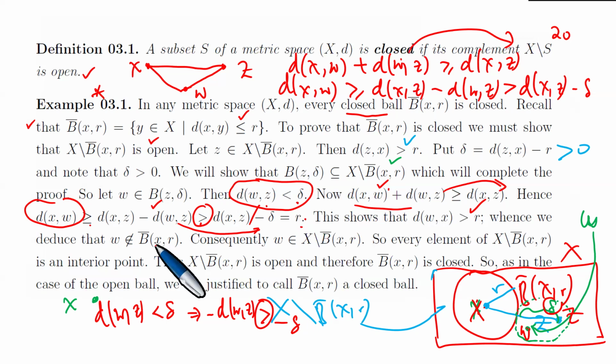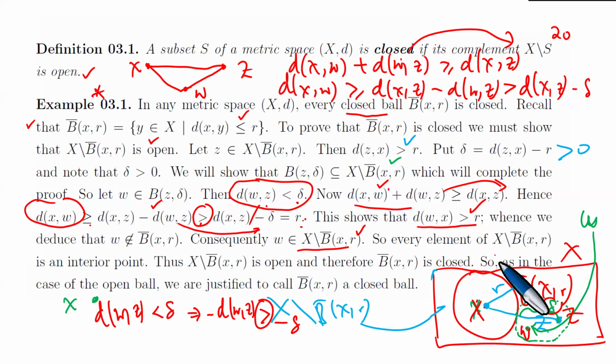It contains all points X with center X and radius R. So if the radius is R, then everything inside is going to be smaller than R. But we are saying that the distance is bigger than R, and that puts W outside because the distance is much bigger than the radius. For things in the closed ball, the distance must be smaller than R. Consequently, W is therefore in the complement of the closed ball.